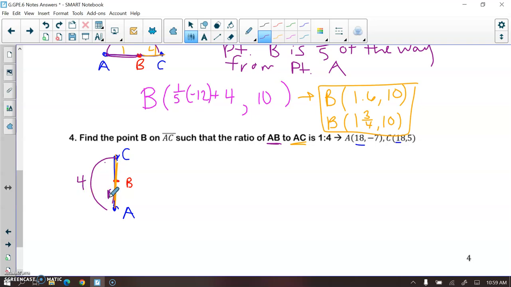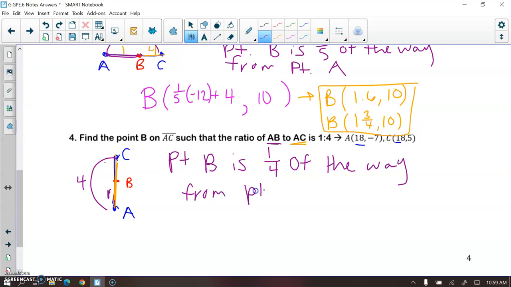So what that means is that point B is 1/4 of the way from point A. So for point B, it's going to have the same x value as A and C because it's on a vertical line segment.